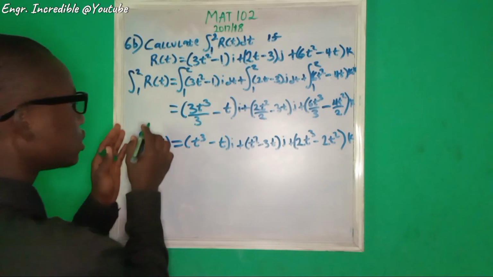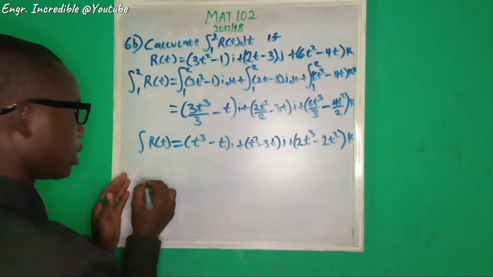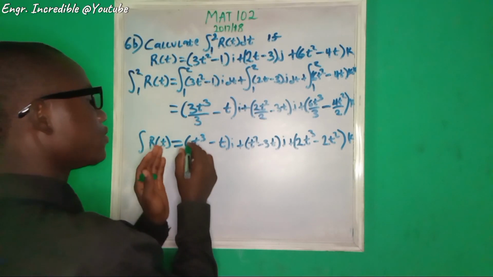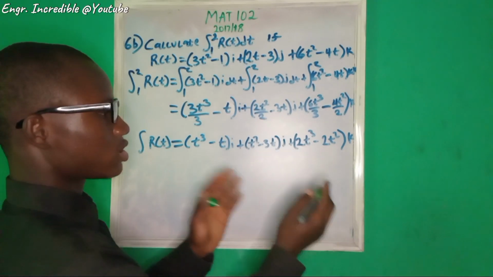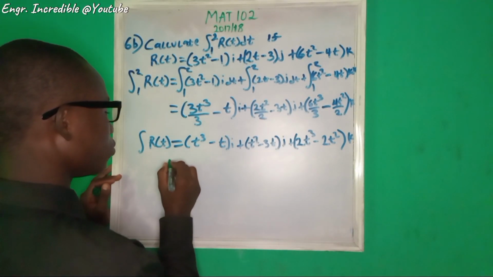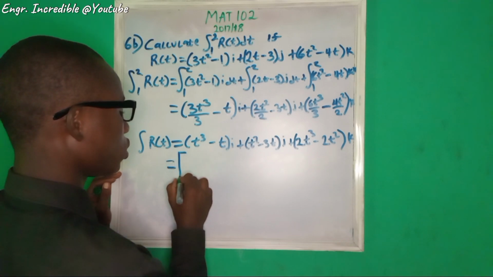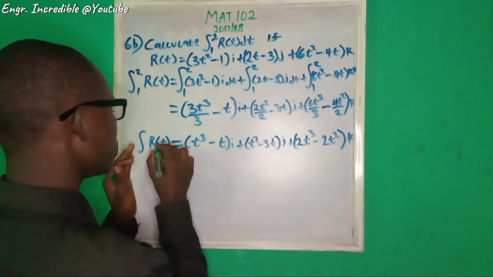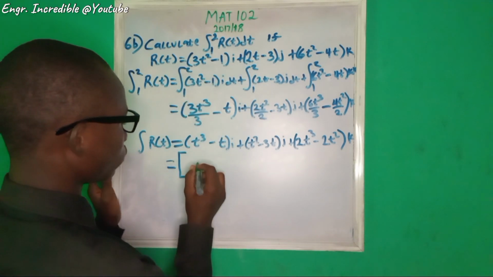Now the normal integral from 2 to 1 now is, we put the value of 2 in everything minus the value of 1 in everything. So now this will be equal to, I'll open a big bracket when t is equal to 2.